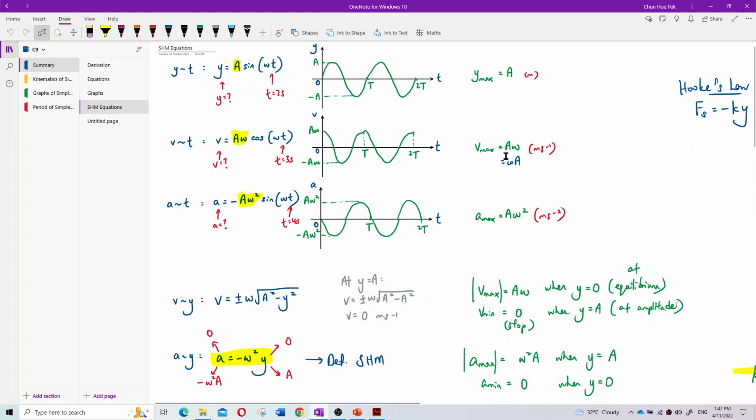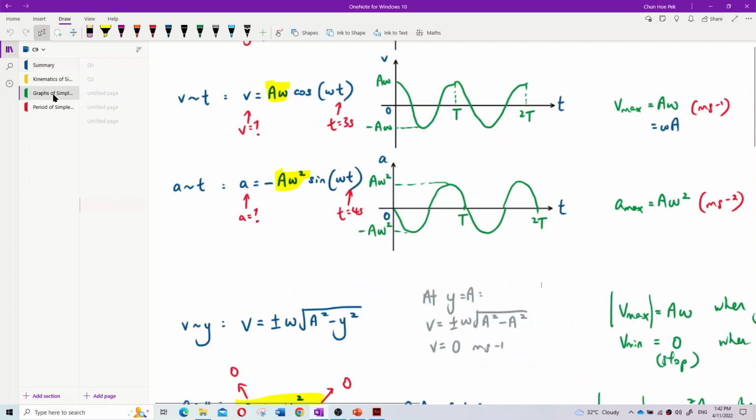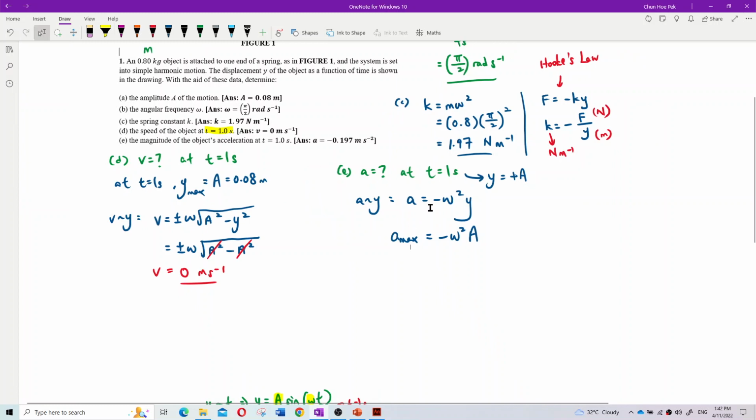Maximum velocity is a omega. Maximum acceleration is a omega square. That's the maximum value for each one: maximum displacement, maximum velocity, maximum acceleration. So here you got omega square a, which is a omega square, but negative.